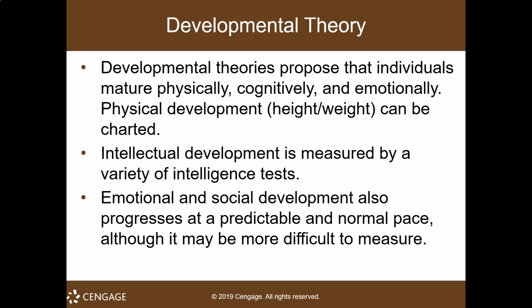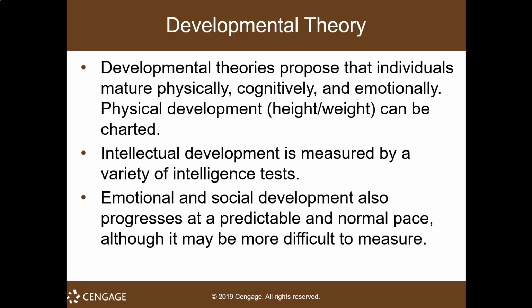Now we're going to talk a little bit about developmental theories. Developmental theories propose that individuals mature physically, cognitively, and emotionally. Keeping that in mind, physical development, like height and weight, is something that can be charted by a pediatrician, right?